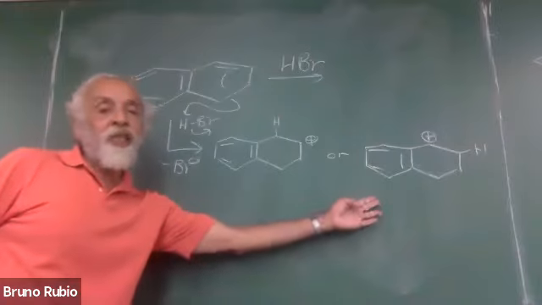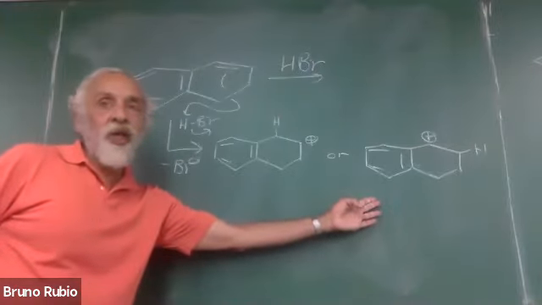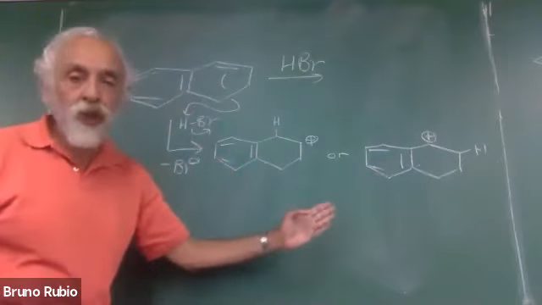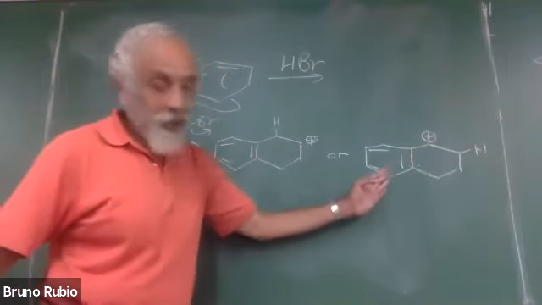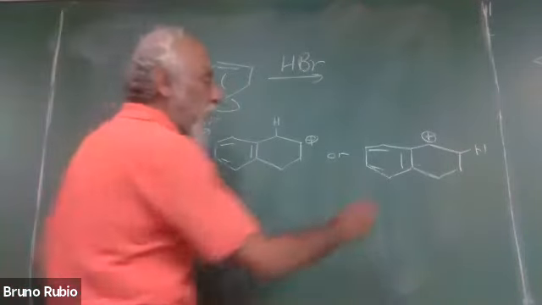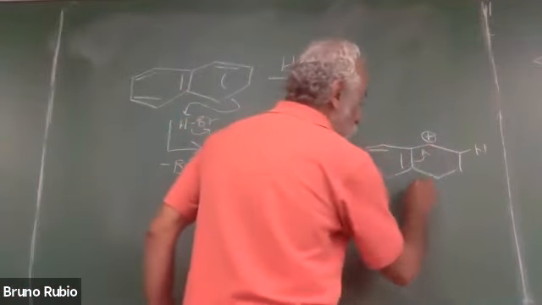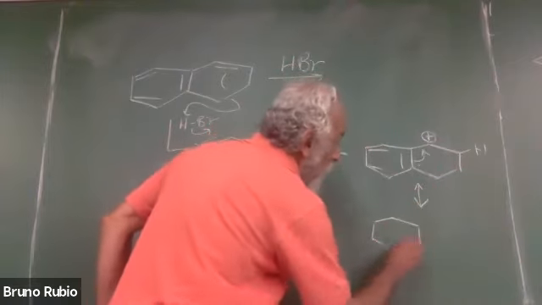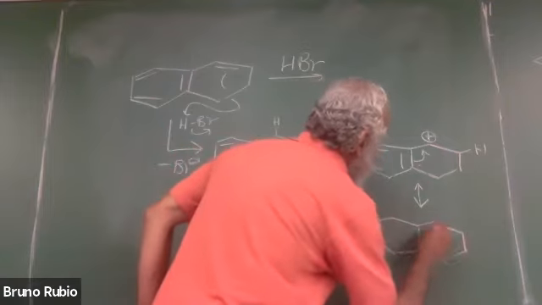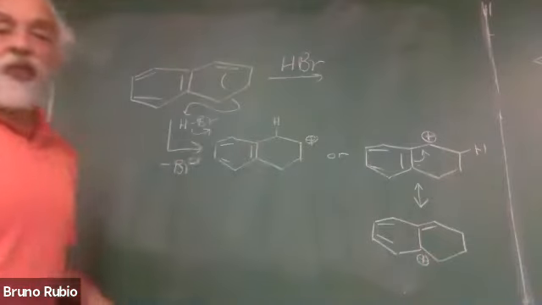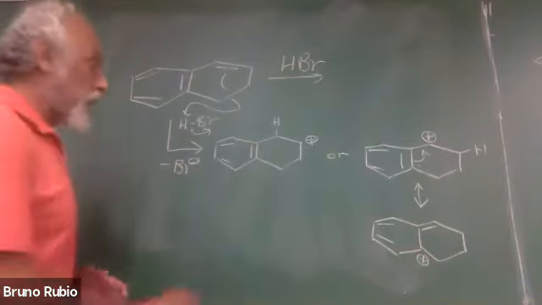A resonance stabilized carbocation. So I can draw all kinds of resonance structures in which I'm moving these bonds of benzene to stabilize that carbocation. So, I'm just going to write one resonance form, but there are others. So I would get something like that. So that's a resonance stabilized carbocation.